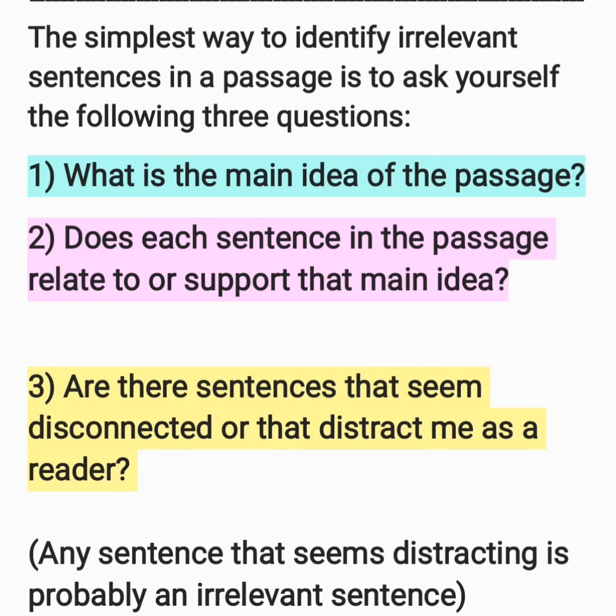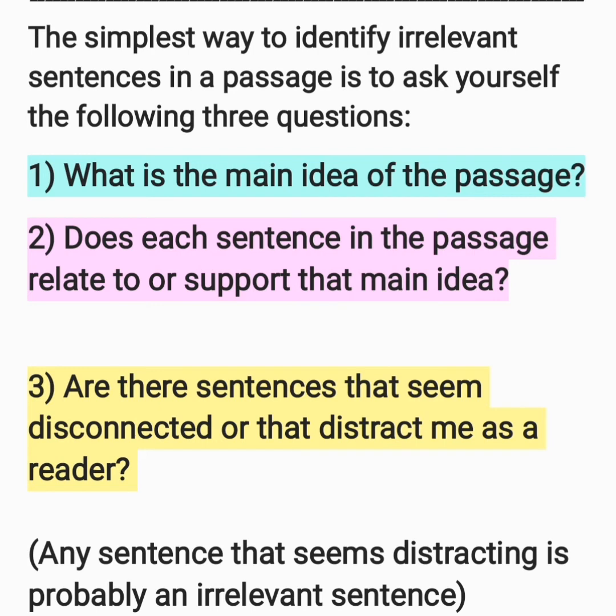The second question is, does each sentence in the passage relate to or support that main idea? The third question is, are there sentences that seem disconnected or that distract me as a reader? Any sentence that seems distracting is probably an irrelevant sentence.